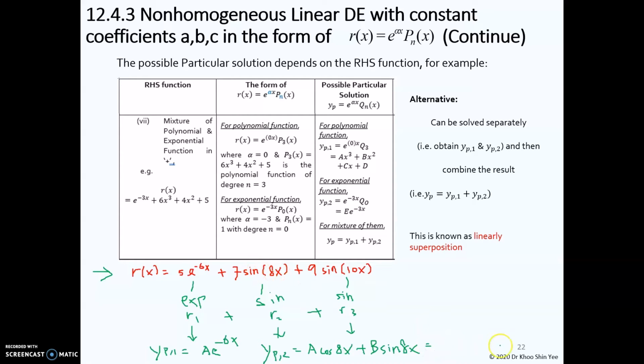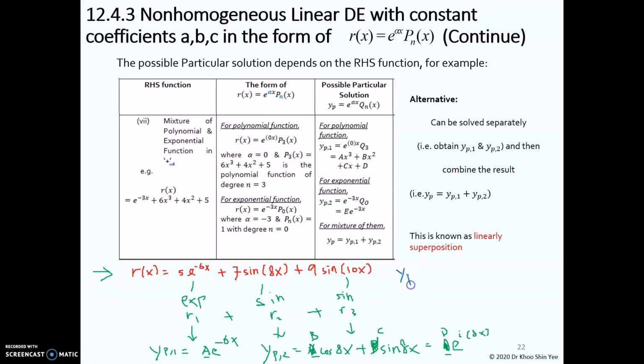So sin 8x here gives you exponential i 8x. And don't forget the constant. You need to be careful. You should avoid the same symbol for different coefficients. Therefore, we change this to B and change this to C. And this will be D.